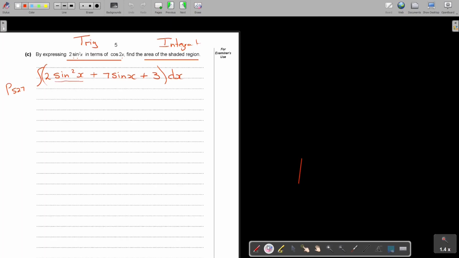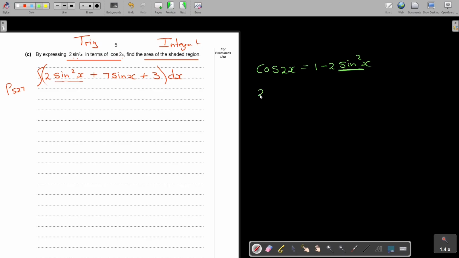Okay, so basically, on the formula sheet of trigonometry, and I'm just going to use another color, sorry, it's going to be cos 2x is equal to 1 minus 2 sin squared x. So I'm working with this. Now, I want to make that the subject.